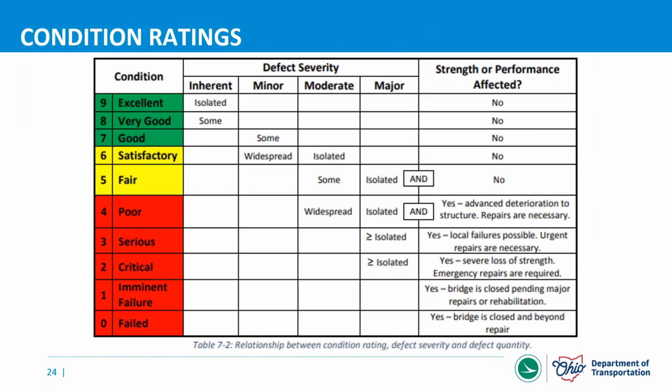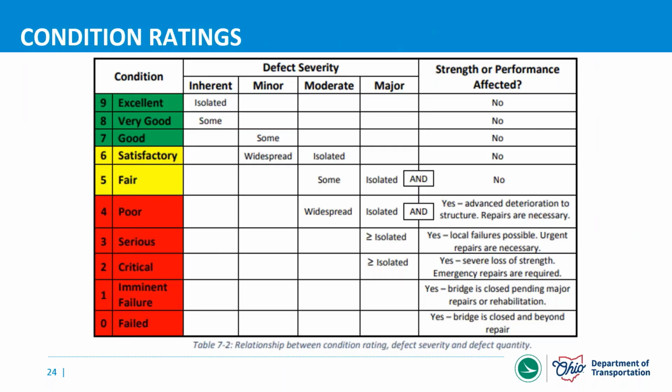So when you're seeing measurable isolated deficiencies, which we've defined as a few areas over the structure, you're probably going to be in that 6 range. So it's going to be easier to get to a 6 now, and it's going to be easier to get to a 5 now. We just have to recalibrate what we thought the 6 was, what we thought a 5 was, etc.